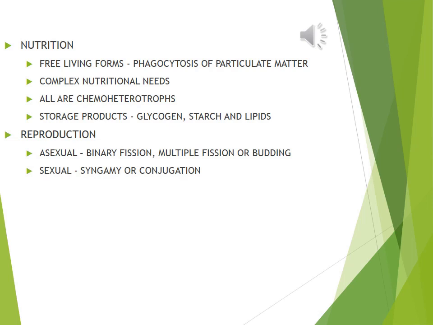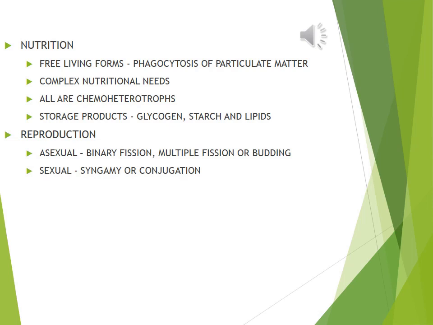Now when we talk about locomotor organs, they have three basic locomotor organs. So they are pseudopodia, flagella and cilia. Okay. So what is pseudopodia? It is a temporary projection of part of the cytoplasm which does not have a rigid pellicle. So just like your macrophage, it tries to engulf.